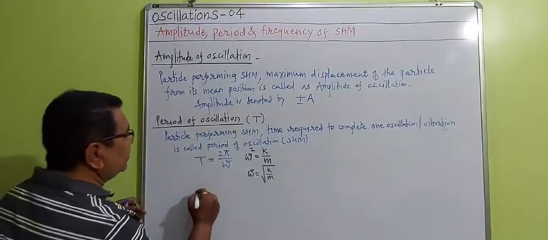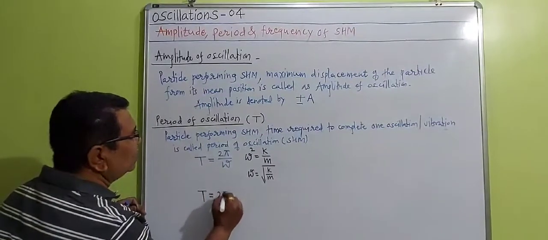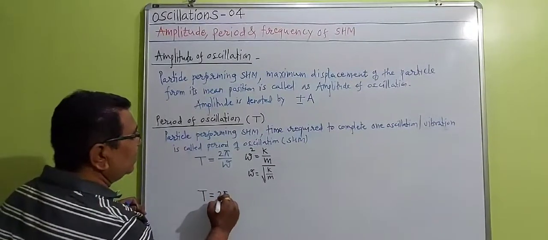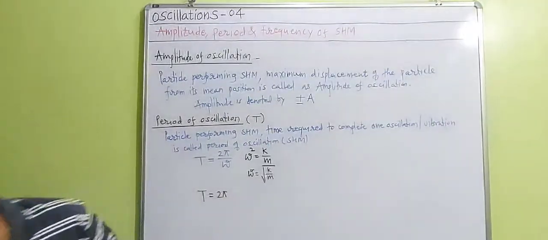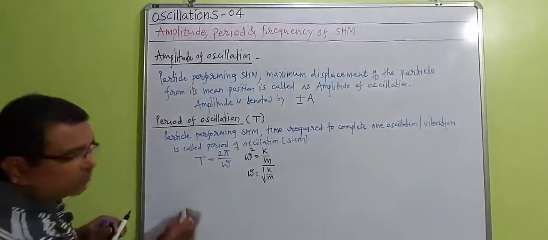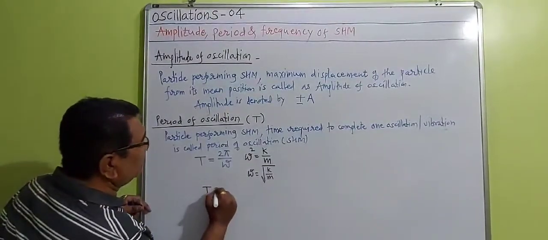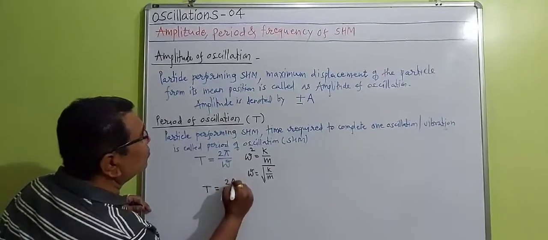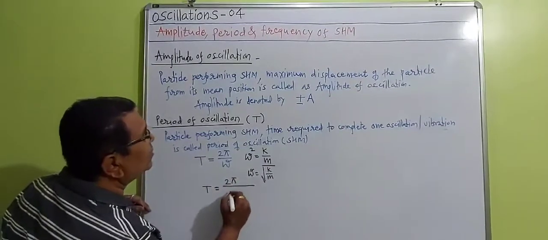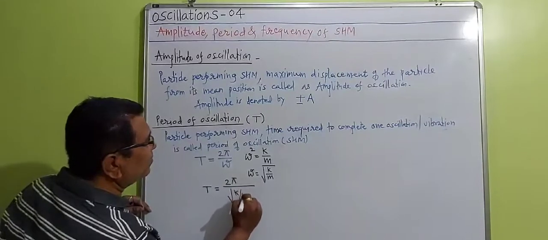By putting this value here we will get what? Capital T is equal to 2 pi upon omega, where omega is the square root of k by m.